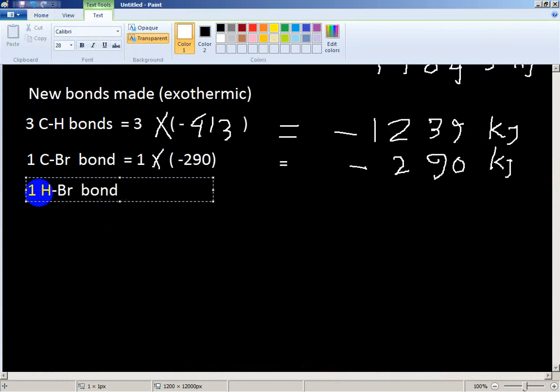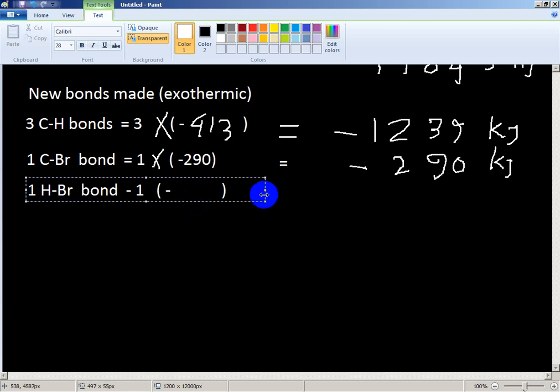This is also 1 multiplied. What is the bond energy? Have you remembered this one?